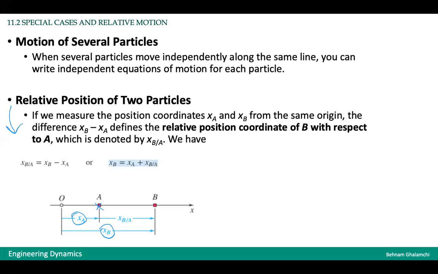I can say that this is the way I can write it. The position of particle B with respect to A, I write in this form: B divided by A is equal to the position of B minus the position of A, because we would like to find it with respect to A.